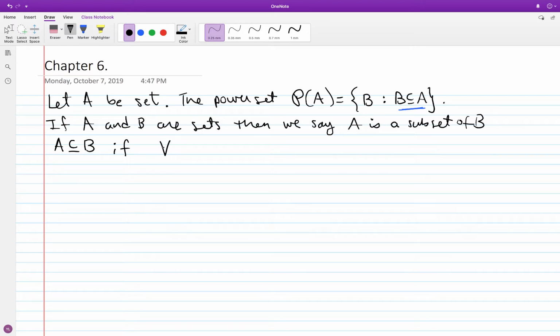I'm going to say, given any X, saying that X is an element of A implies that X is an element of B. Okay, so this is a definition.